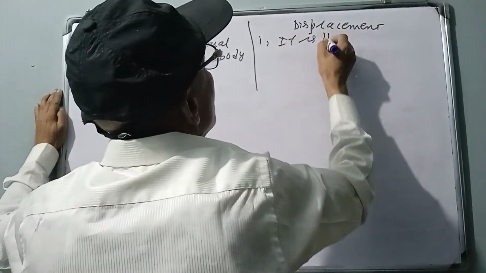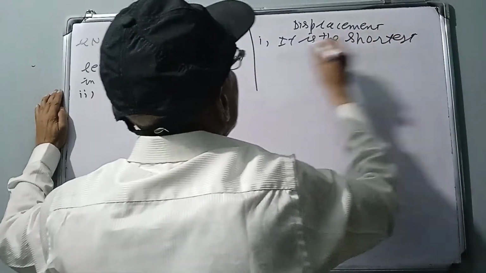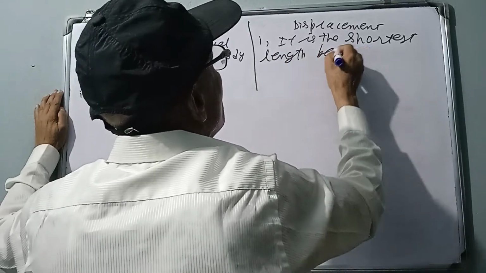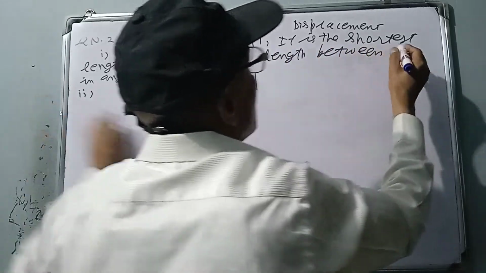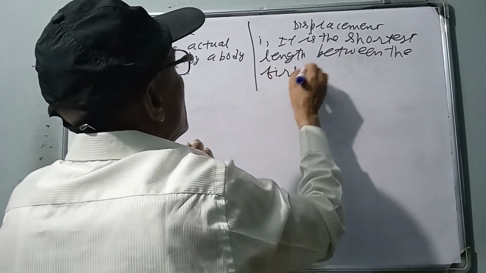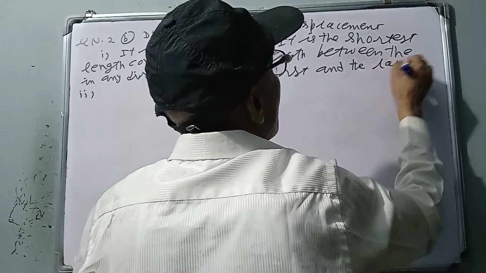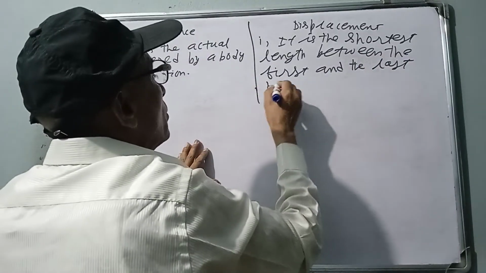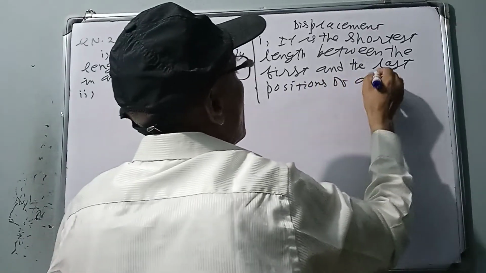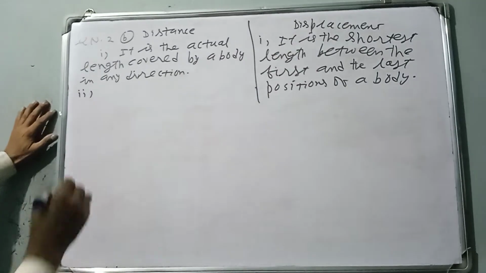Displacement is the shortest length between the first and the final positions of a body in a particular direction.